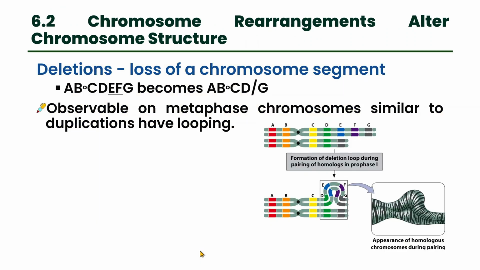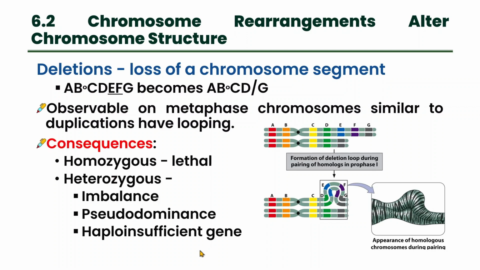After looking at duplications, let's now examine another major type of chromosome rearrangement, deletions. While duplications add genetic material, deletions, on the other hand, remove it, often with more serious consequences as compared to duplications. The effects depend on whether the individual is homozygous or heterozygous for the deletion.